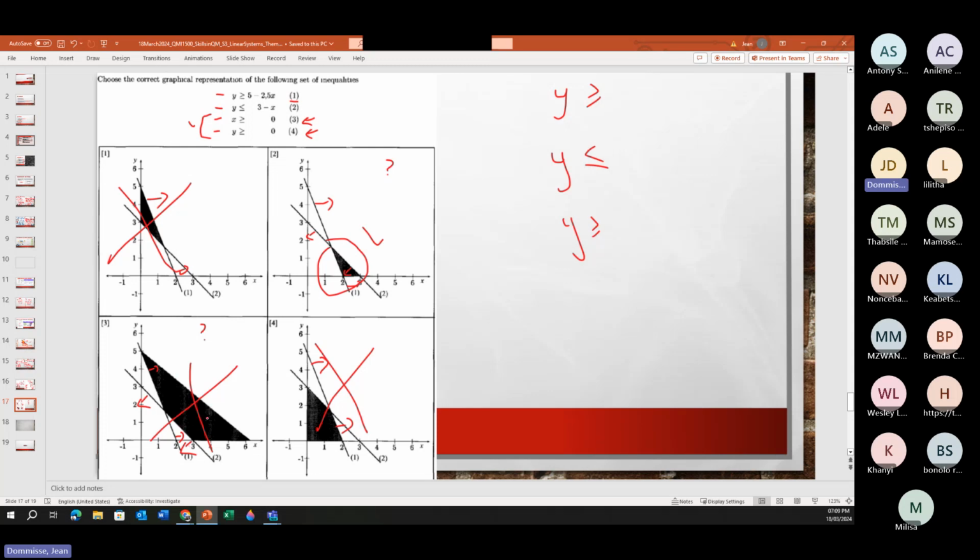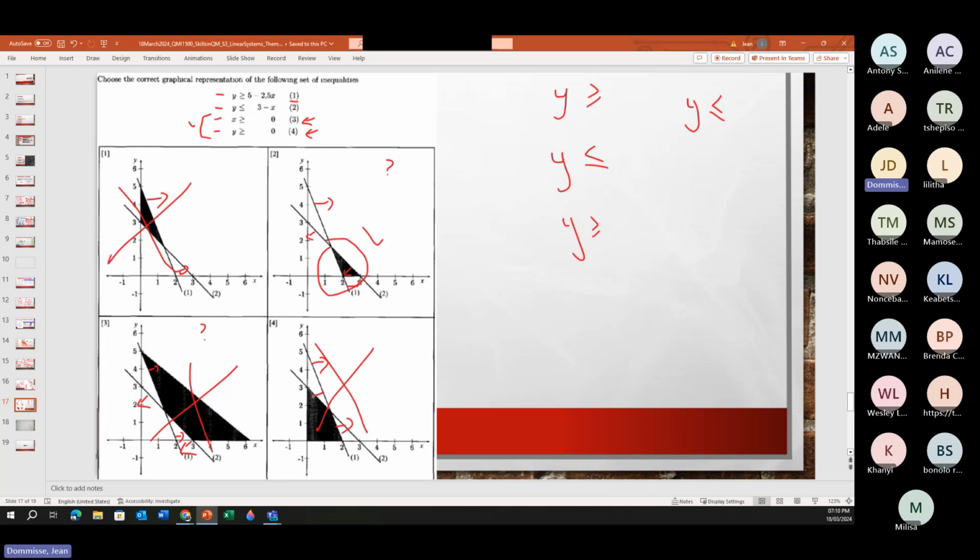Okay, so when you work through this again, just be very careful with the inequalities, because by changing that inequality, so if that first one was smaller or equal to, then it would have been to this side.